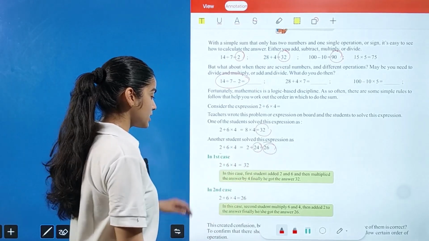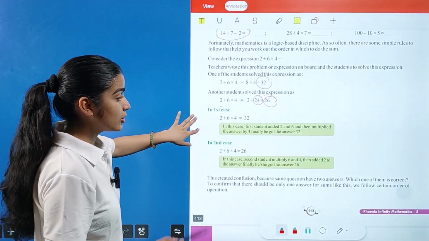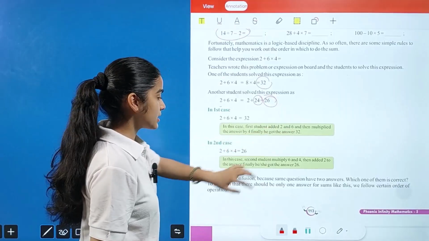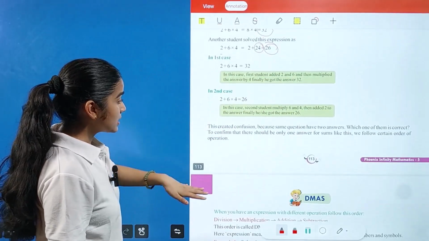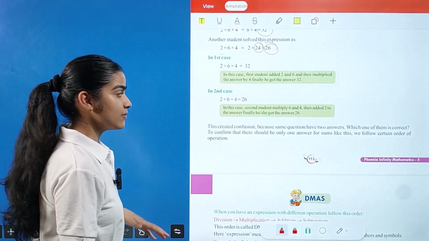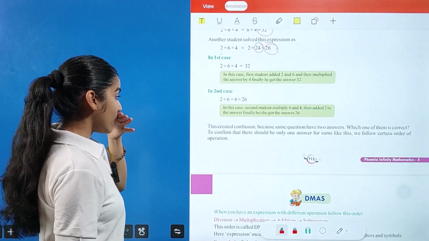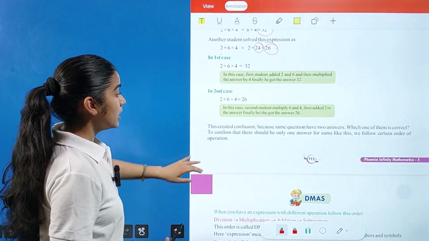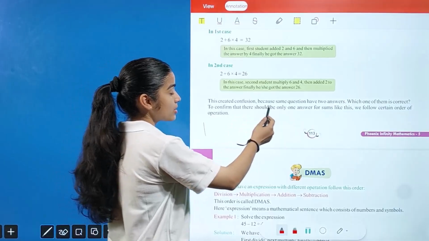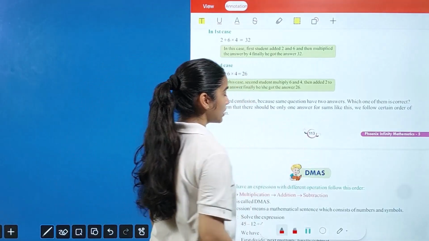In the first case, the first student added 2 and 6 and then multiplied the answer by 4, getting 32. In the second case, the second student multiplied 6 and 4 and then added 2 to the result, getting 26. This created confusion because the same question has two answers. Which one of them is correct?